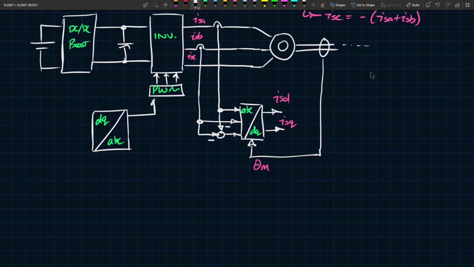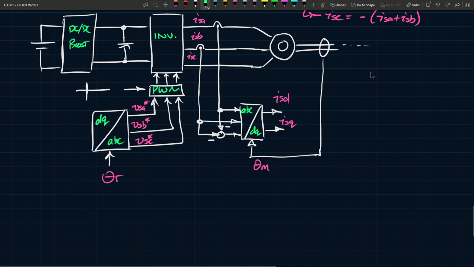So you would have one signal there, and say one signal there, and this is VSA, VSB, VSC, all star, because they're all references. They would be compared with something in your PWM. Depending on which scheme you use, your PWM would generate some modulating signal, and then you would have some switching, I guess. We can add that too if we'd like.